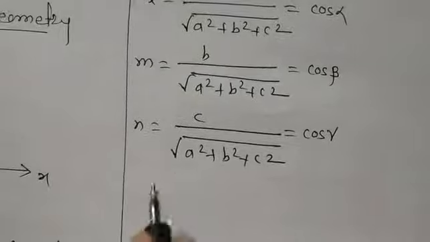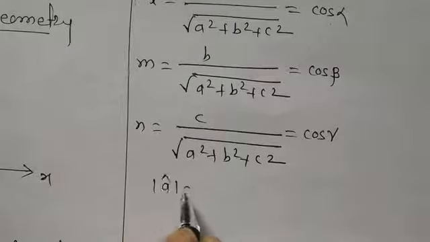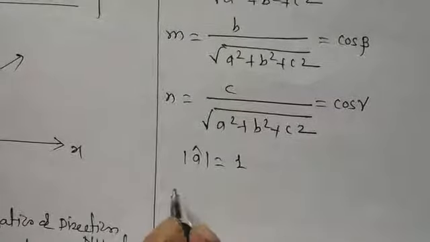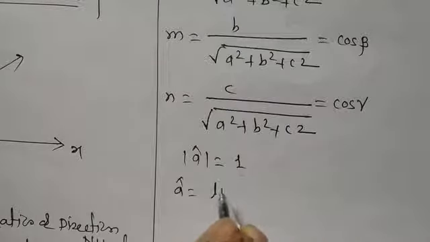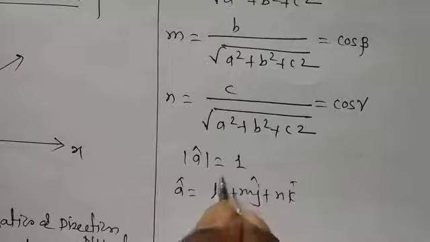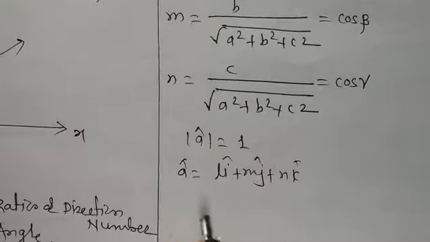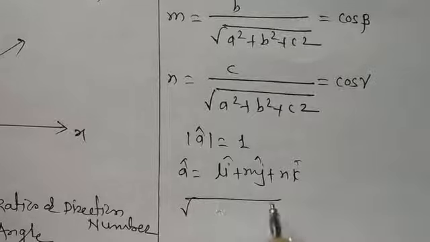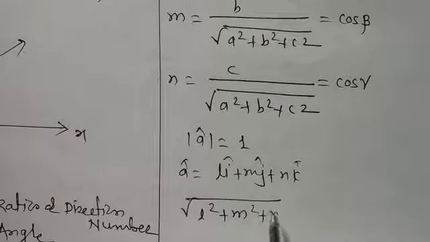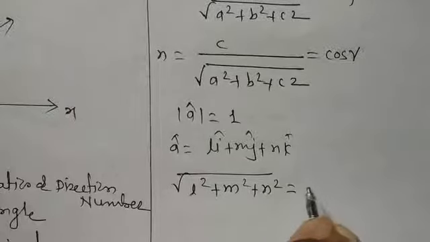Now as we know, the magnitude of a cap is equal to 1. Now a cap is Li plus Mj plus Nk. Then how to find the magnitude? Under root of the coefficients, that is L square plus M square plus N square, is equal to 1.